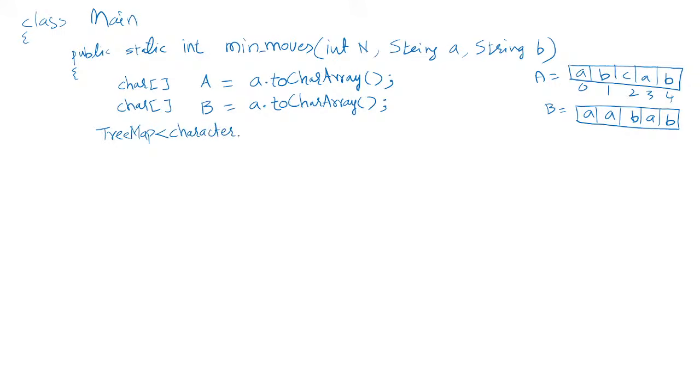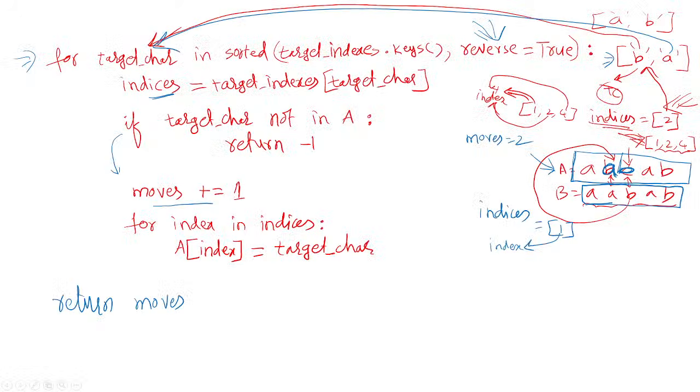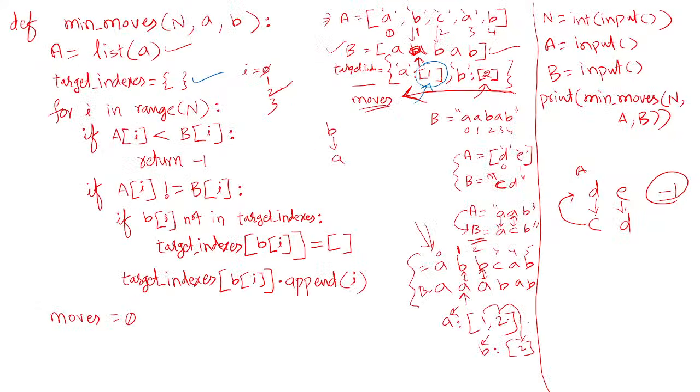The first argument is the key value. Then the second argument: we have stored all the indices where this letter is to be replaced. If you observe, all the indices are implemented as a list here.